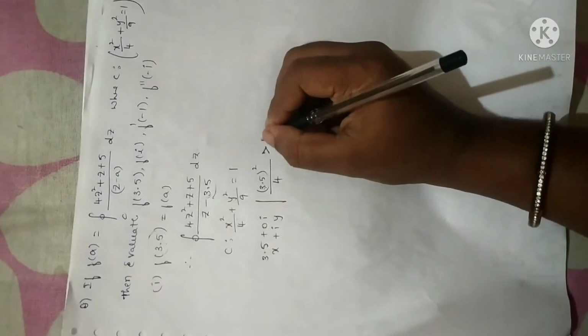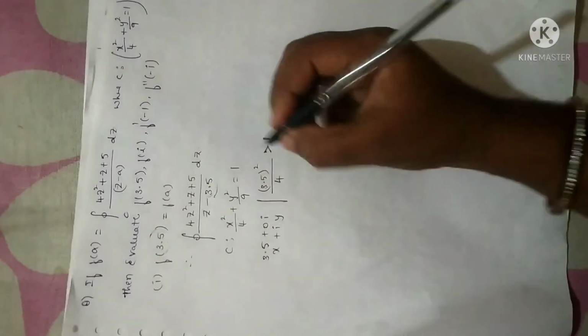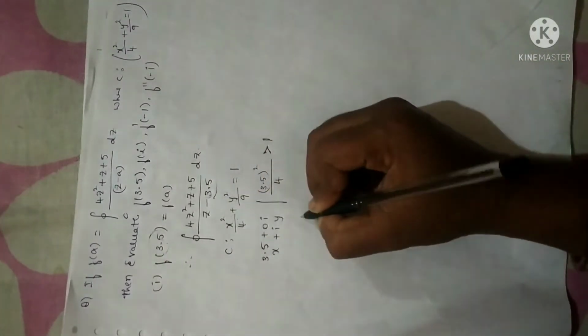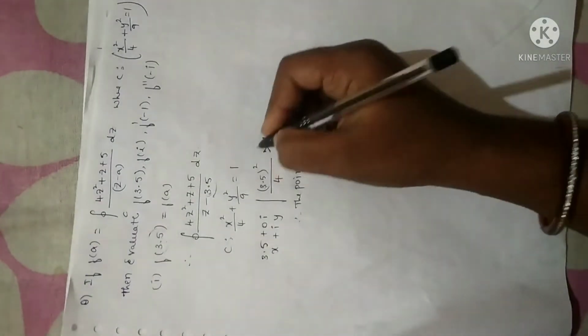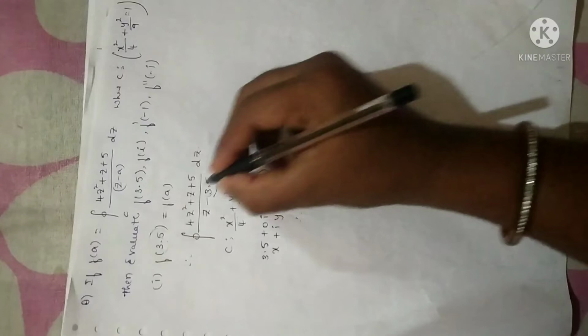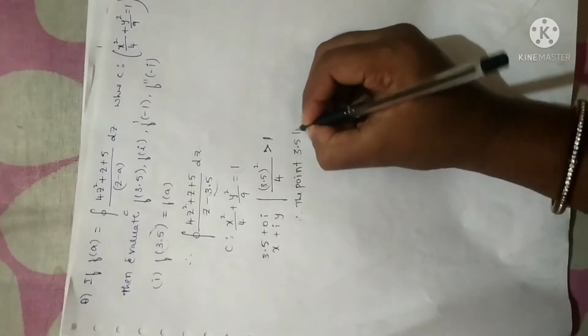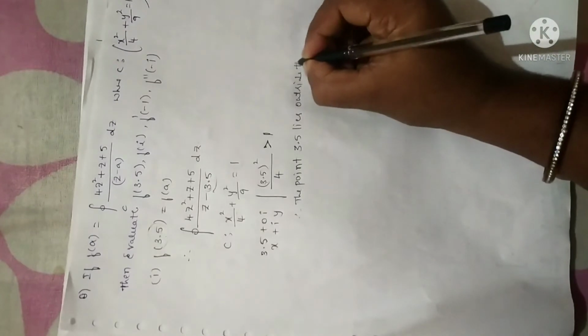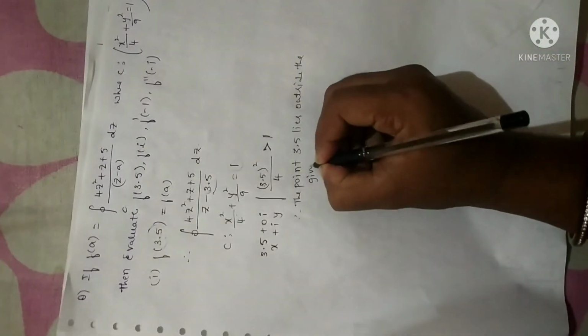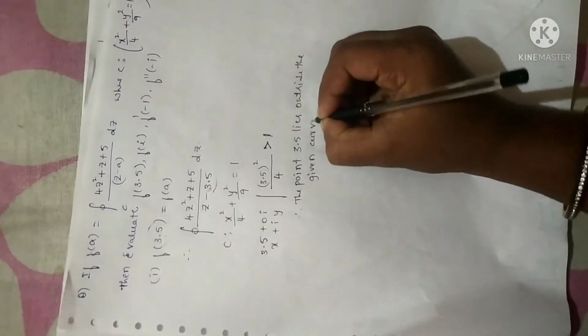As I already told you, when the value is greater than the RHS value, I can clearly say that the point, 3.5, lies outside the given curve C.